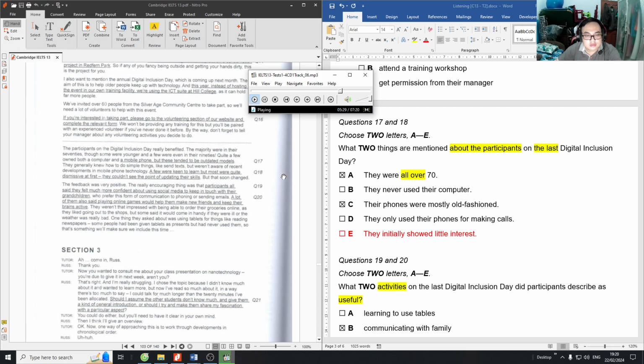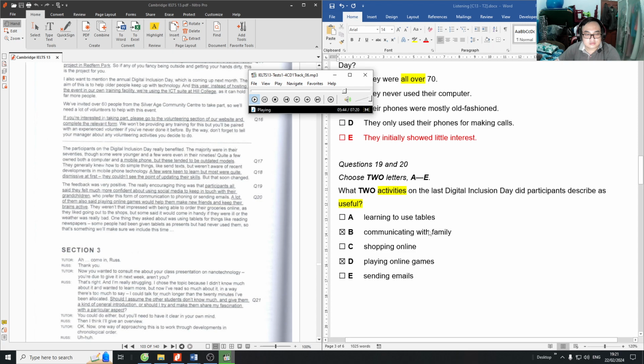But weren't aware of recent developments in mobile phone technology. A few were keen to learn, but most were quite dismissive at first. They couldn't see the point of updating their skills. But that soon changed. The feedback was very positive. The really encouraging thing was that participants all said they felt much more confident about using social media to keep in touch with their grandchildren, who prefer this form of communication to phoning or sending emails.